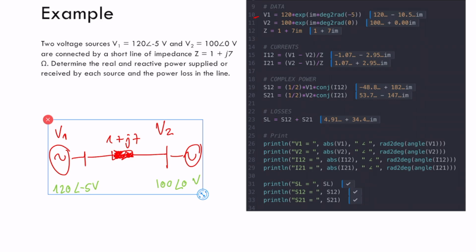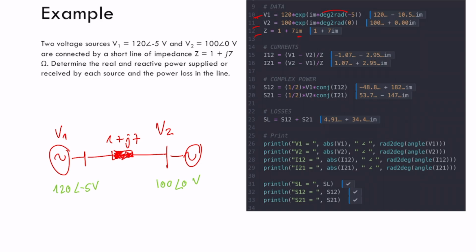So this function is transforming degrees to radians. So basically just defining phasor B1, phasor B2, and this is C. Just the definition of a complex number. So in Julia, for an imaginary number, you just use IM.